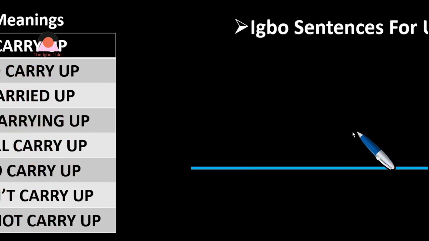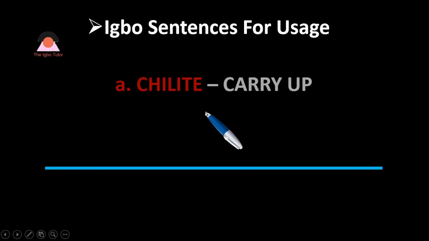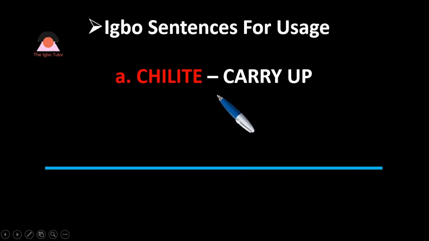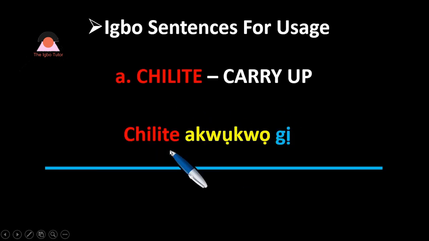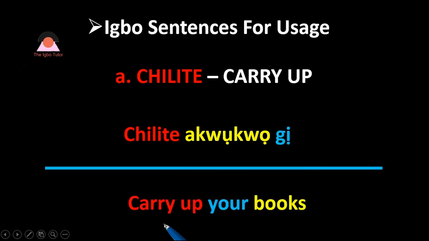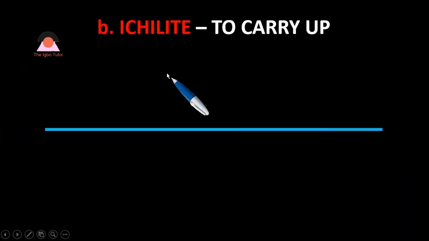Let's use them in sentences now, beginning with the first one. Chilite, carry up. How do we use it? Example: Chilite akwụkwọ gị, which means carry up your books, or carry your books up, is also correct. Move on to the next one, which is ichilite, meaning to carry up.